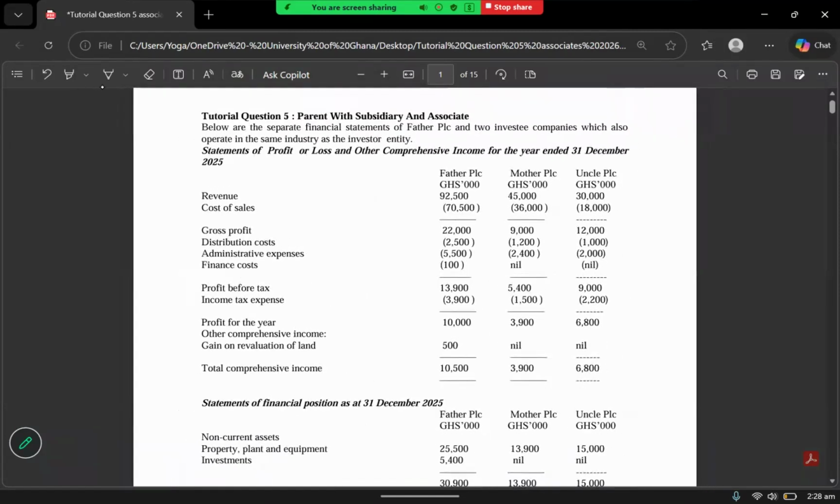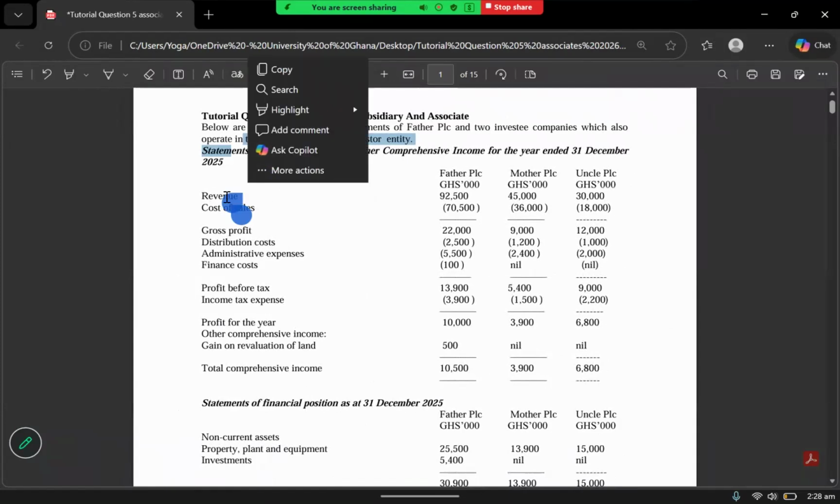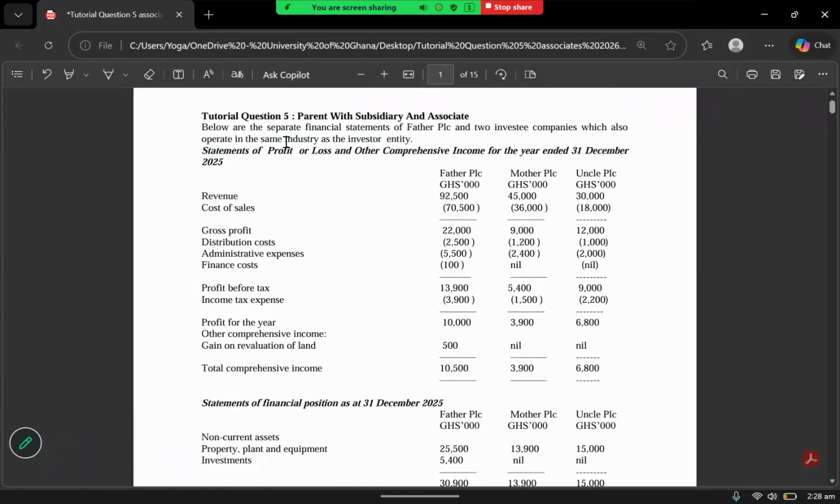All right. Below are the separate financial statements of Father PLC and two investee companies, which also operate in the same industry as the investor.